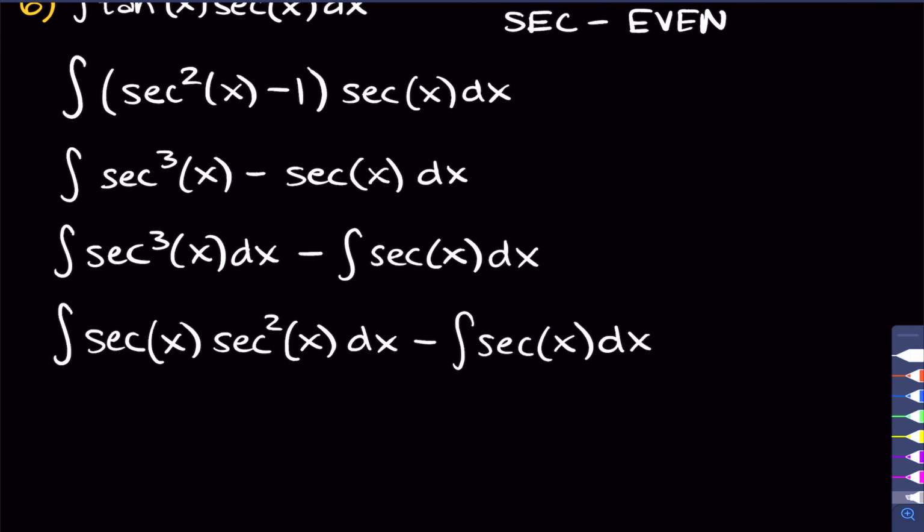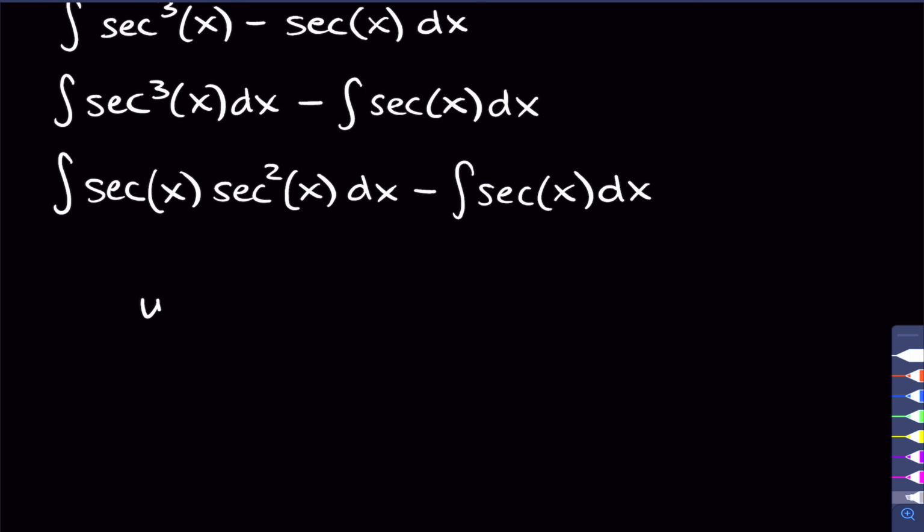And if you write your integral like that, then you can see we have two things being multiplied together, and we do know the integral of secant squared of x dx. So that can be our dv, and then our secant will be our u. So our u, like we said, is going to be secant of x. Our dv is secant squared of x dx.